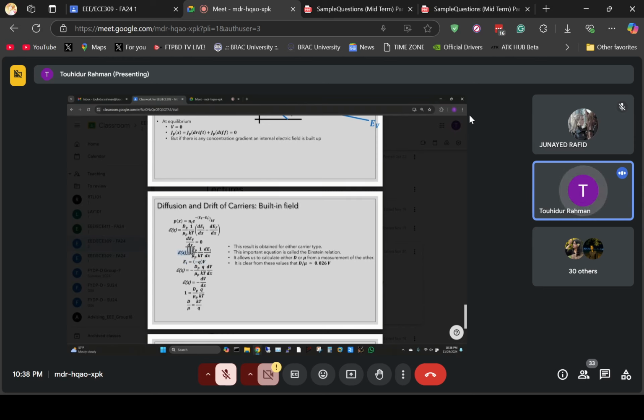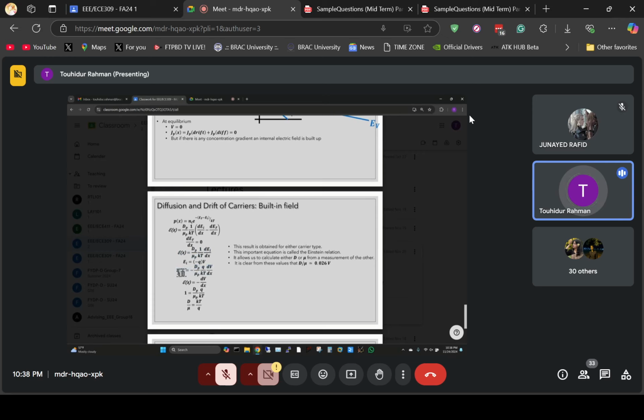So here electric field is proportional to the derivative or the gradient of the energy band. If we replace the energy band in this equation, we relate the electric field with the voltage.